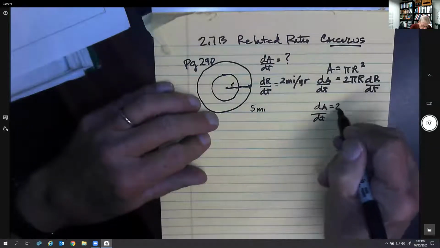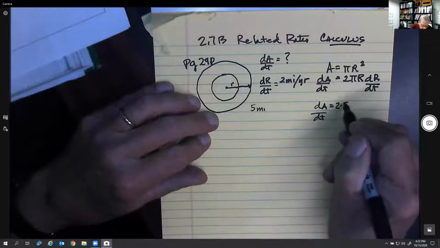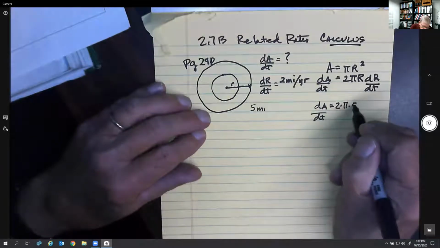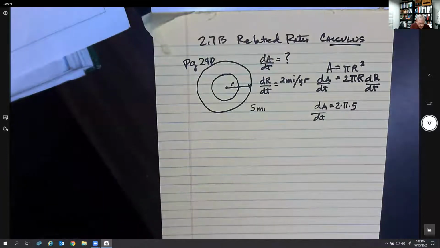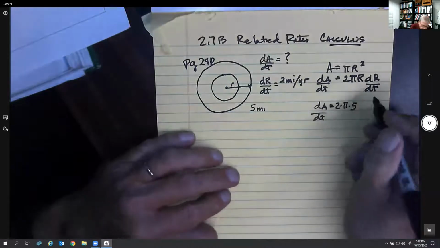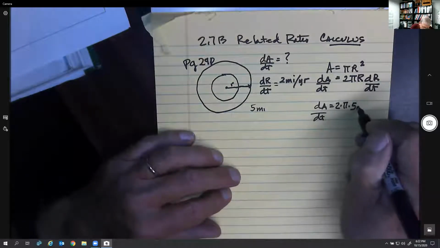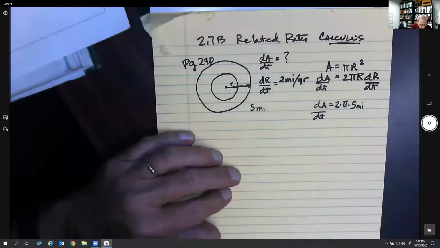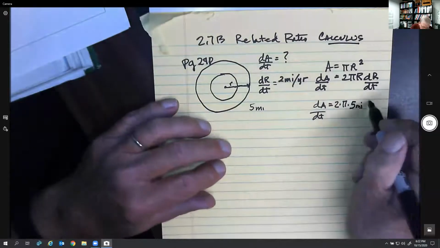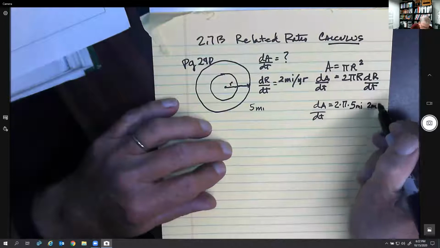Well, we know 2, we know pi, we know the radius is going to get up to 5. At that point, the rate at which it's growing is 2 miles per year. Let's put miles in here.